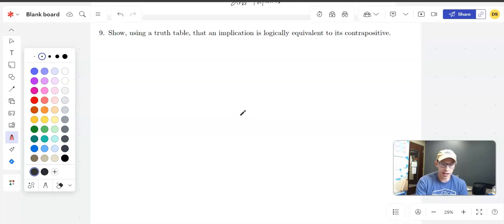All right, here we have a truth table. So an implication would be P implies Q, and contrapositive would be not Q implies not P. Logically equivalent, we're hoping that in our truth table, these two columns are going to have the exact same true-false values. So let's set this up here.